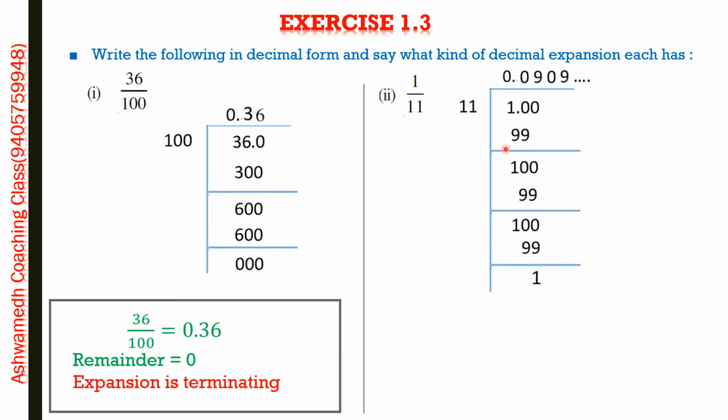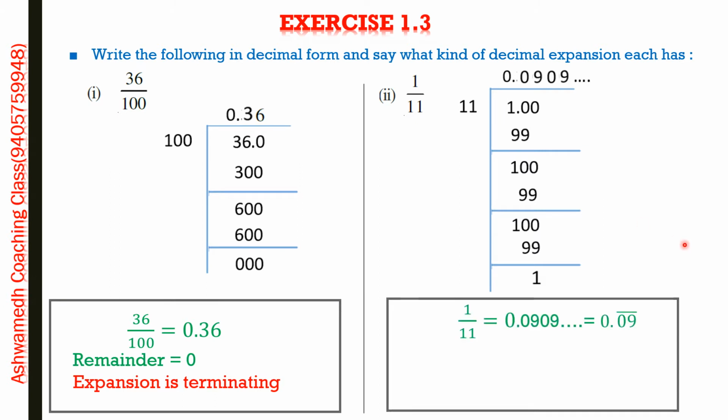Again we take 0 here, we cannot divide 10 by 11, and we get 100. 11 into 9 is 99, so 09 comes again. Every time 100 minus 99 is 1, so that process goes on. Therefore 1 upon 11 is 0.0909 and so on.